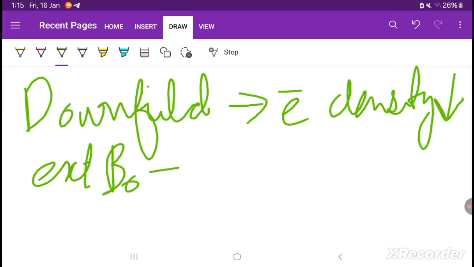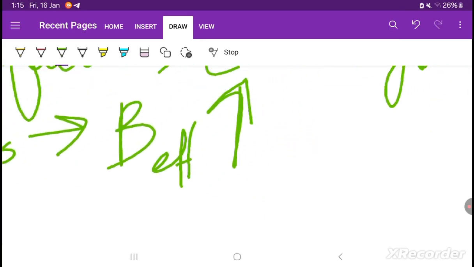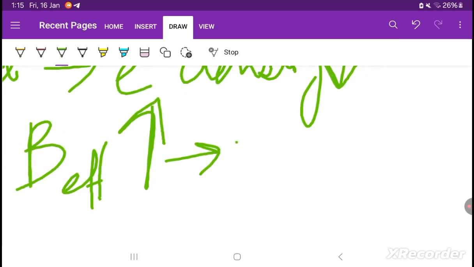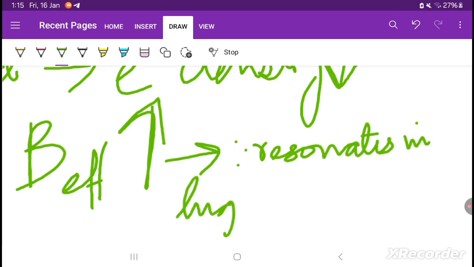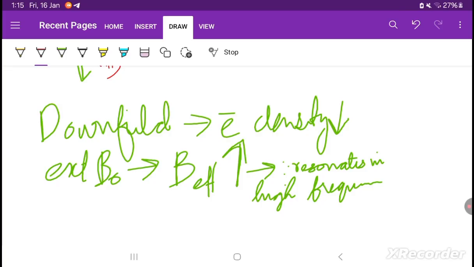So the effective magnetic field will be high, so it only resonates at high frequency. This is what we call downfield, and this is de-shielding.